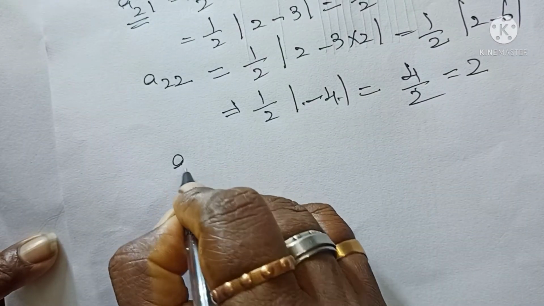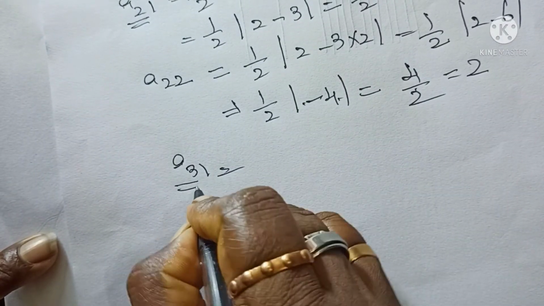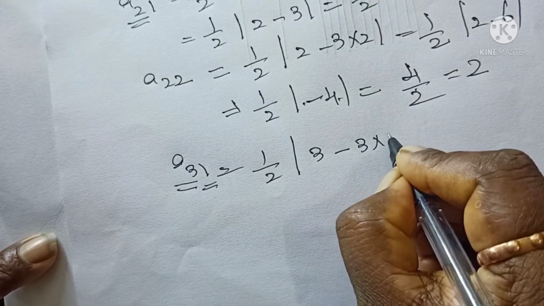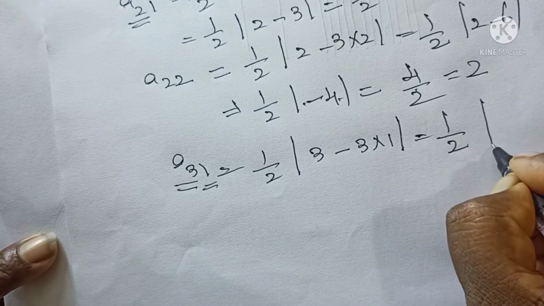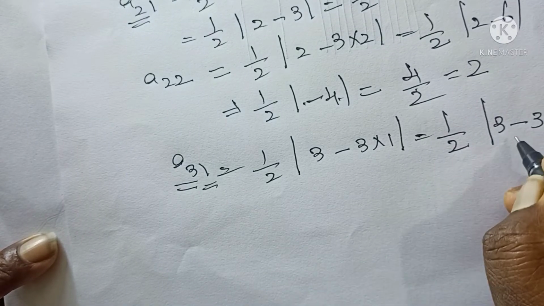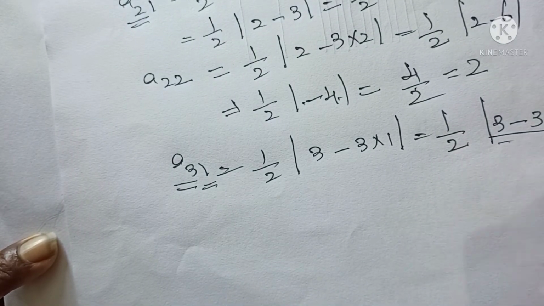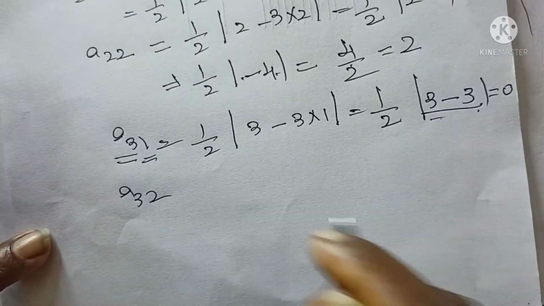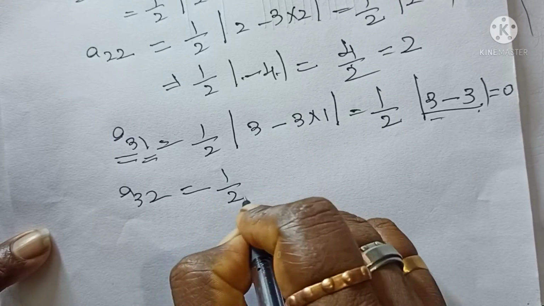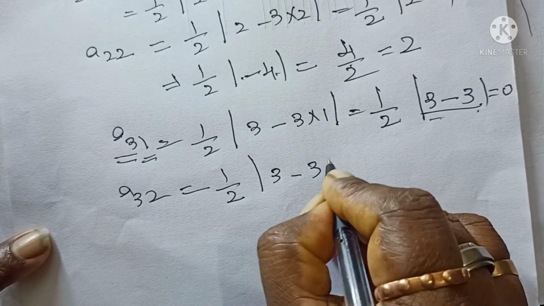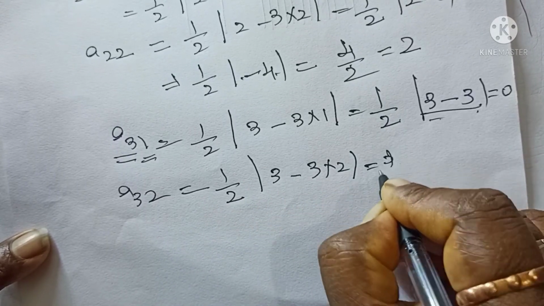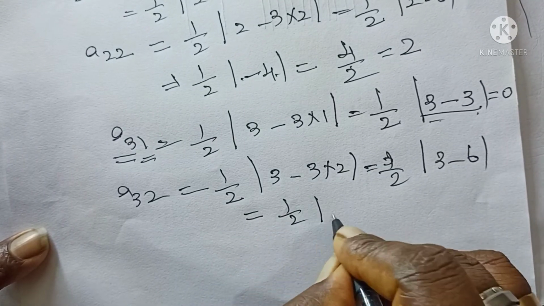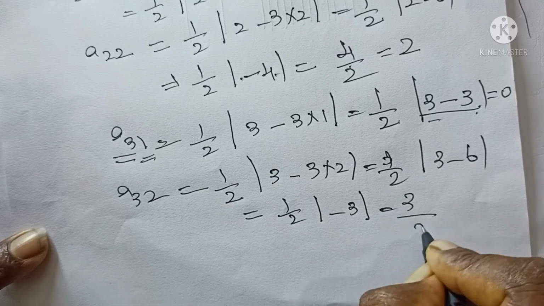Then we have to find A31. Here i is 3, j is 1. So 1 by 2 into modulus of (3 minus 3 into 1), which is equal to 1 by 2 into modulus of (3 minus 3). Here 3 minus 3 is 0. So the answer is 0. Then A32, which is equal to 1 by 2 into modulus of (3 minus 3 into 2), which is equal to 1 by 2 into modulus of (3 minus 6), which is equal to 1 by 2 into modulus of minus 3, which is equal to 3 by 2.